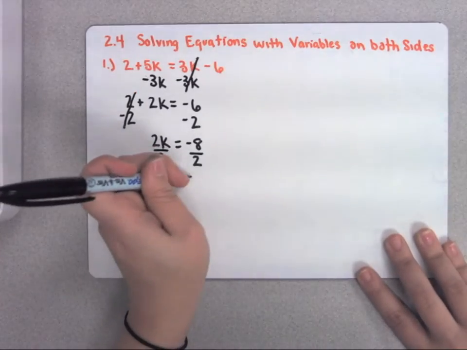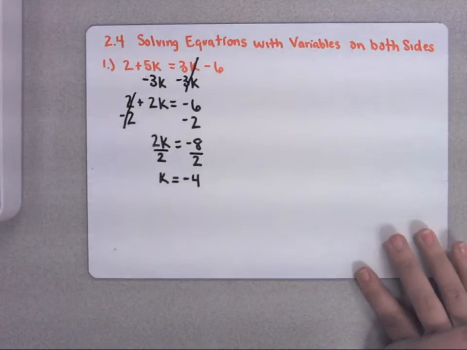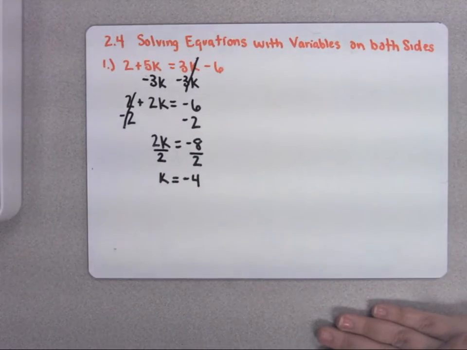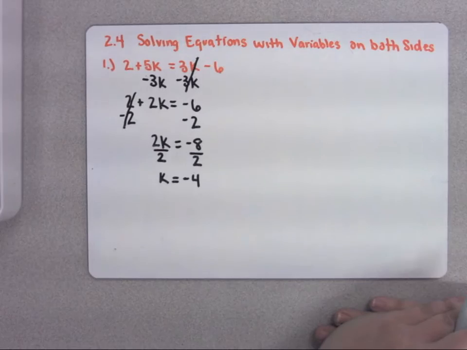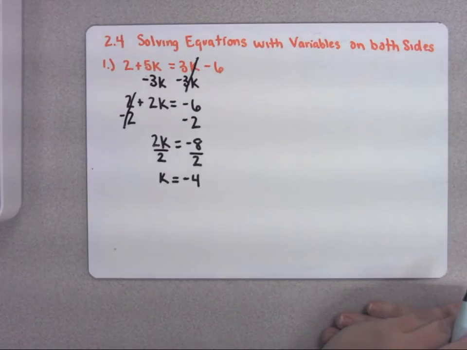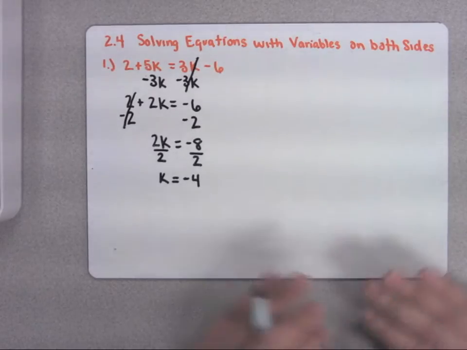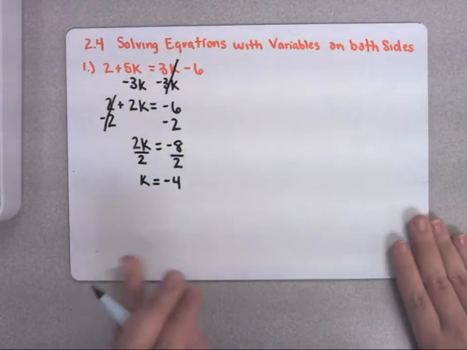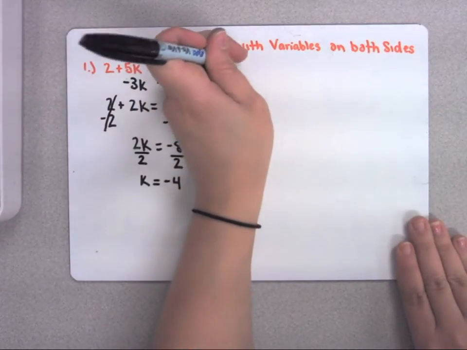Negative 4. Negative divided by positive is a negative. Does that make sense? So the first step was the only thing new. After that, it was just like solving a normal problem. Right? Okay.